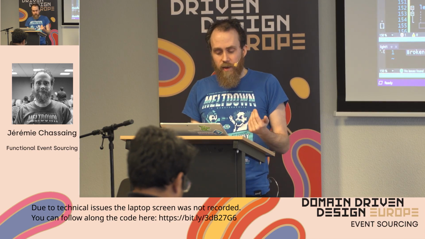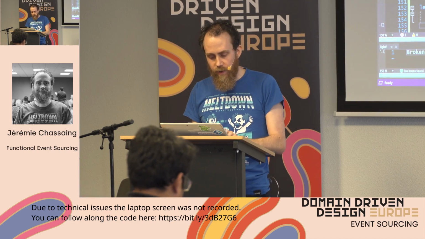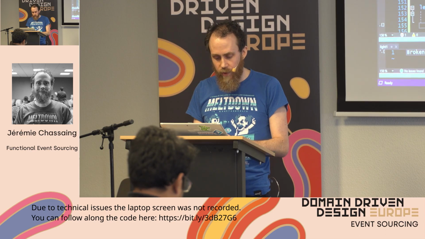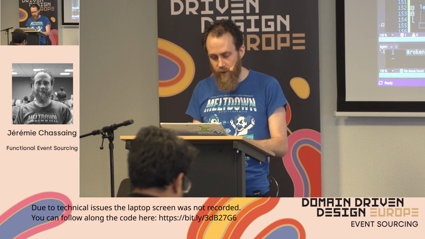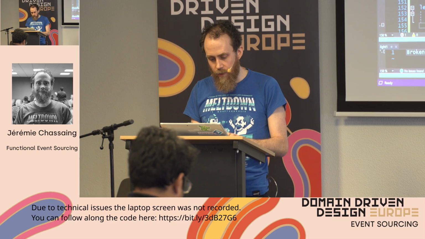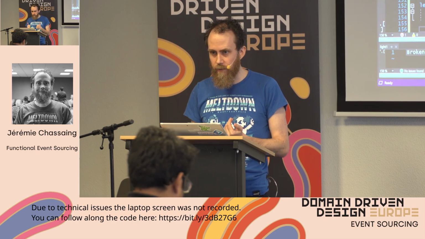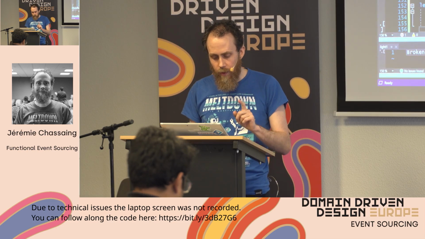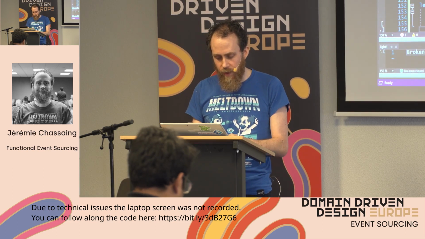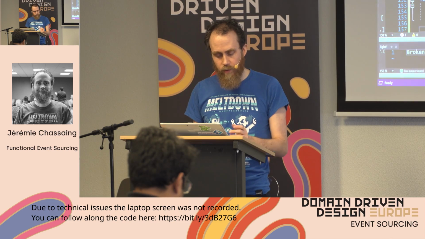When I have a list of events, I can build a state by doing always the same trick: List.fold with my evolve function and my initial state, and I get my current state. Cool. Then I say, give me a command, and I will do the thing.